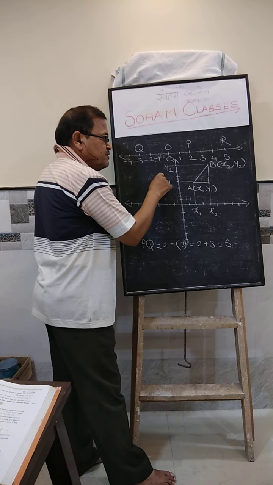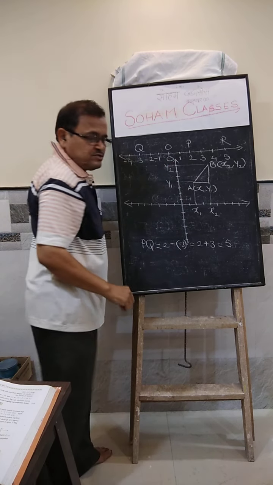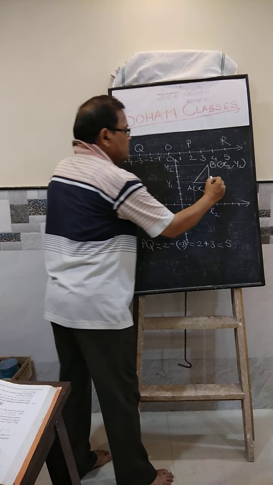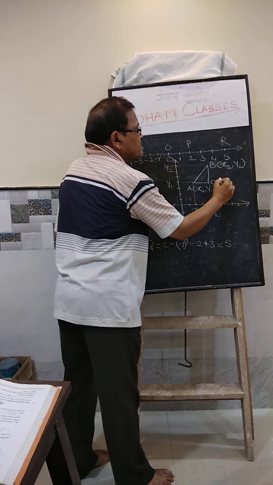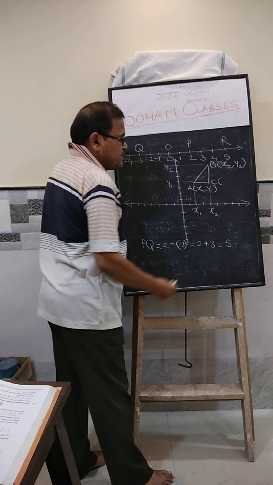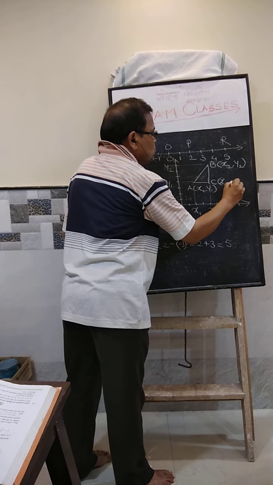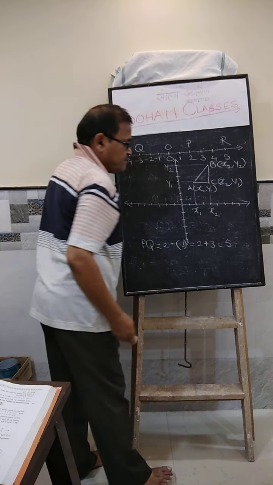In the same way, the distance between A and C is y2 minus y1. So the coordinates of C are x2, y1.